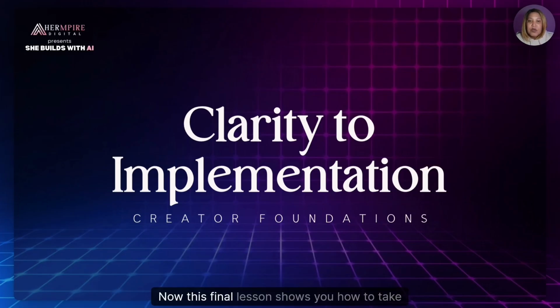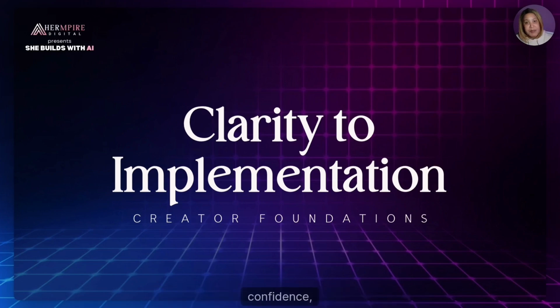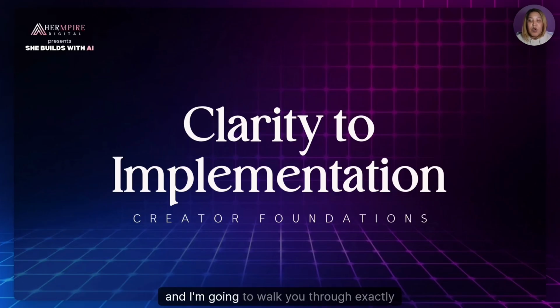Now, this final lesson shows you how to take what you've learned and move into simple, confident implementation. So small steps lead to real momentum. And I'm going to walk you through exactly where to go next.